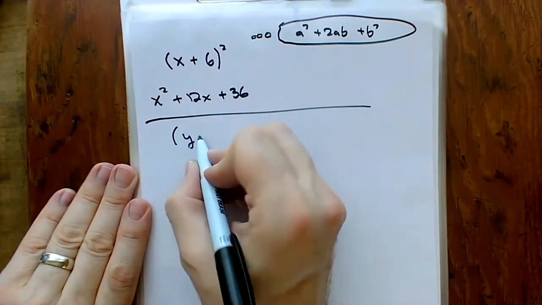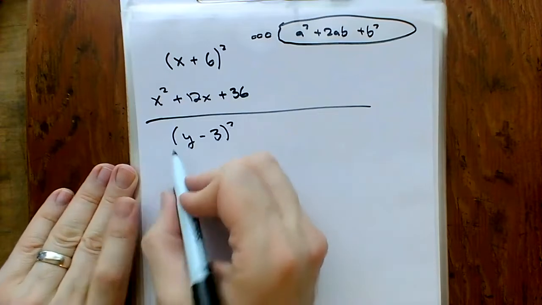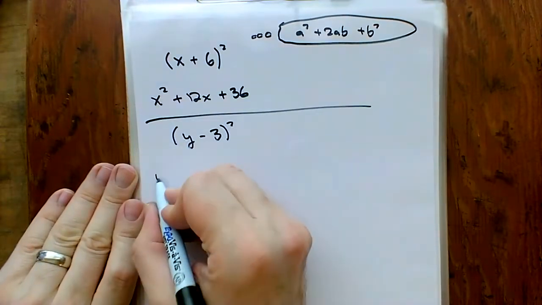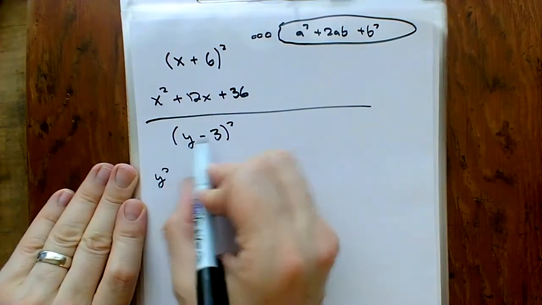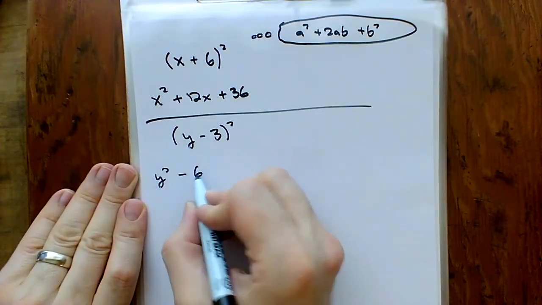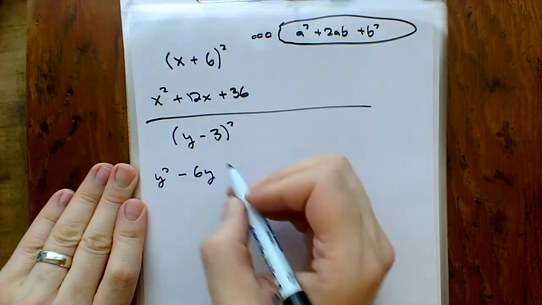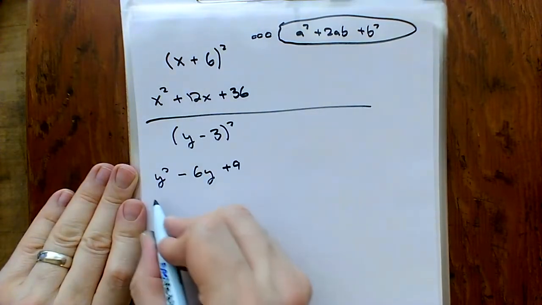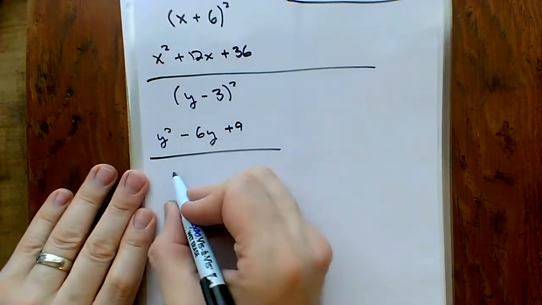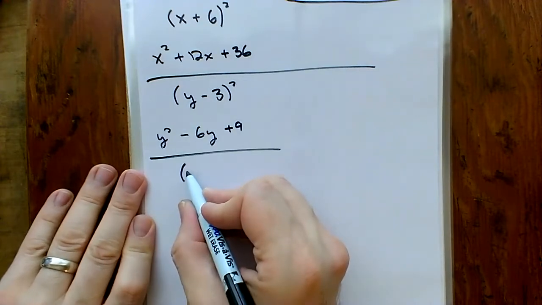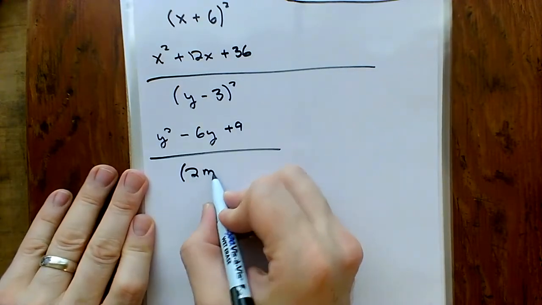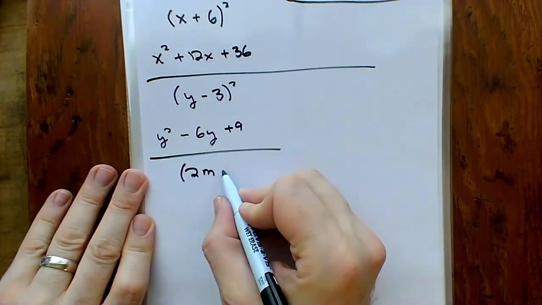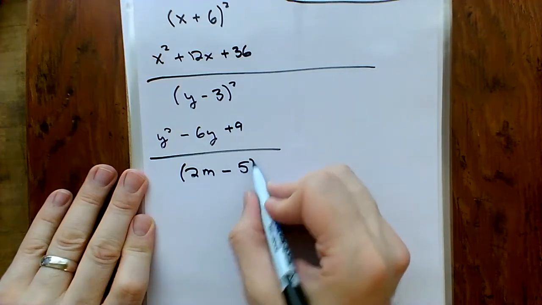Say we've got y minus 3 squared. Okay, y times y is y squared. Minus 3y plus another minus 3y is minus 6y. Negative 3 times negative 3 is plus 9. Done. What happens if I do 2m minus 5 squared?